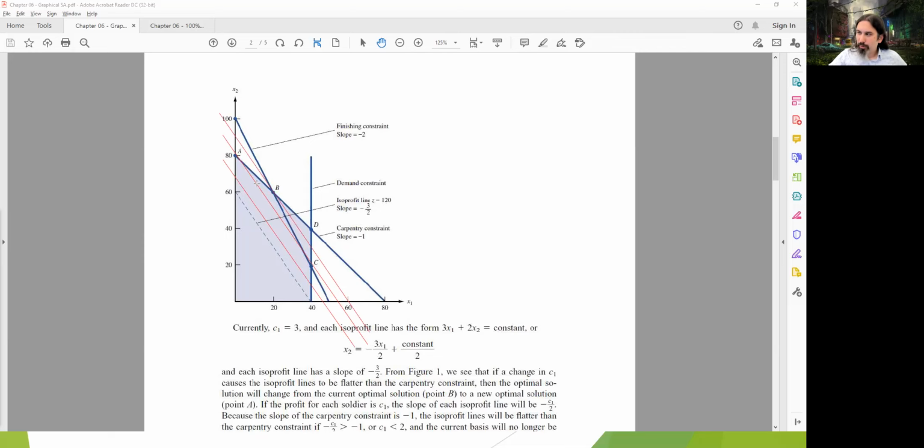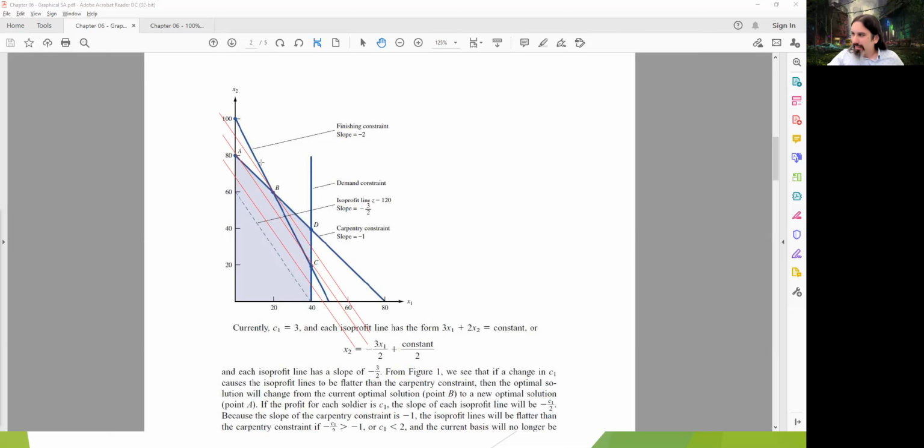So this isoprofit line, which is the objective function, can increase like this, and it leaves the shaded area, which is A to B to C to 40 over here, this area only. As you can remember, this is not part of the feasible region. This is just a wrongly shaded area in the book, but still, this B is the optimal solution, and this isoprofit line is where it touches the feasible region last.